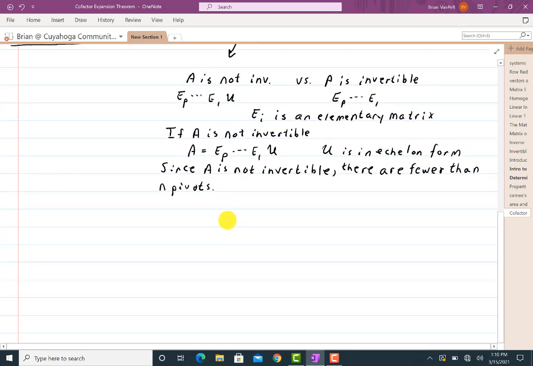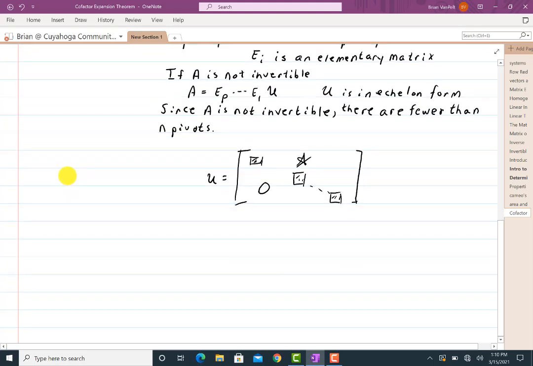So U is going to be this upper triangular matrix that's going to look something like the following. We may have a block, and then I may have skipped some blocks, and whatever, it may look something like this. Above it, I really don't care, but below it, you know that you got zeros. Once you get to this point, you know that the determinant of U equals 0 because we take the product of the diagonals.